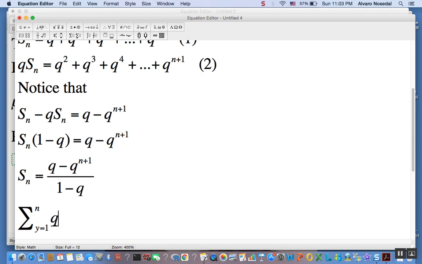So the sum of q to the y, starting at 1 and ending at n, that is just Sn.